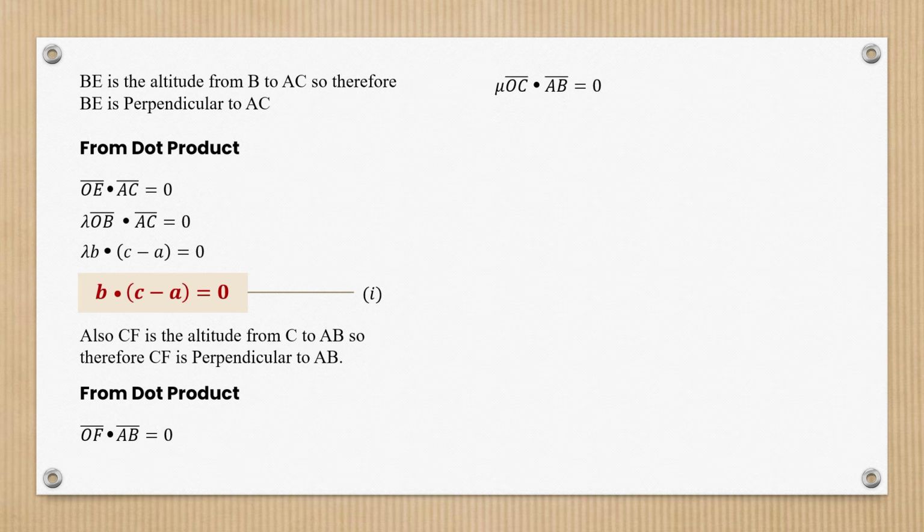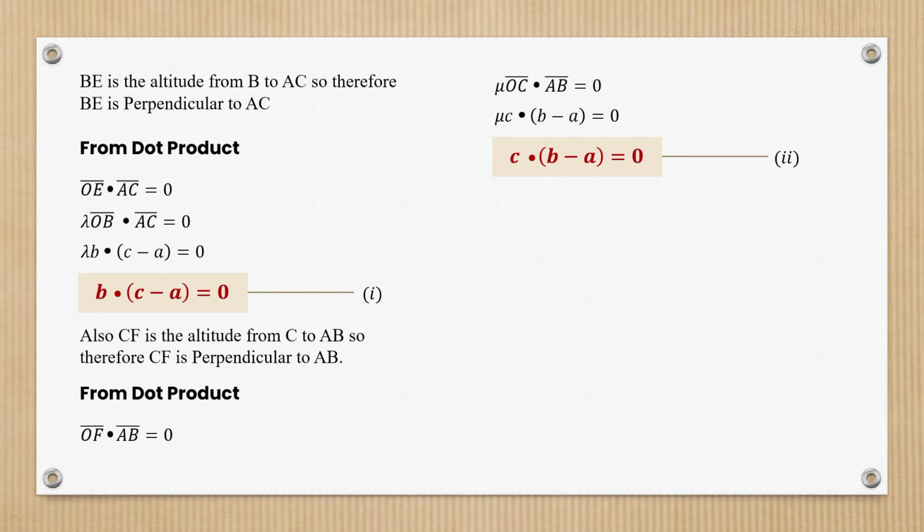So now we're going to have this. Now OF, remember, is equal to lambda of OC dot AB. And then we can divide both sides by this, and we're going to end up with C dot bracket B minus A is equal to 0. And that's going to be our equation 2.